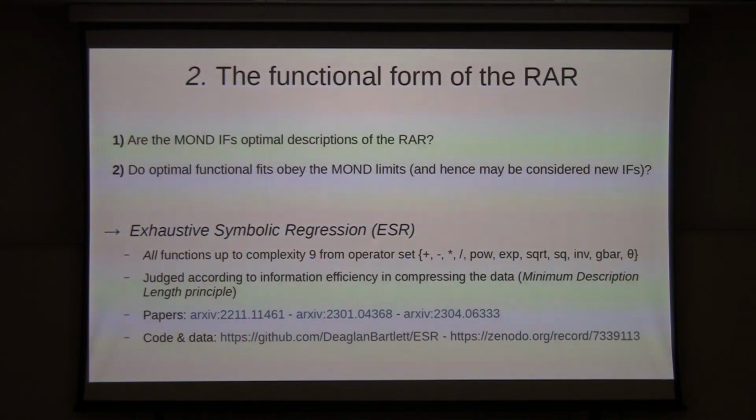Good, so you can use whatever operators you like in symbolic regression. This is what I have here: just the basic operator sets, and then any function is built by combinations of those operators. But you could also introduce a custom operator that would be a combination of those, and use that as a single operator. I didn't mention it, but what I'm calling complexity here is basically the number of times an operator, parameter, or variable appears in the function, so the sum of all those things.